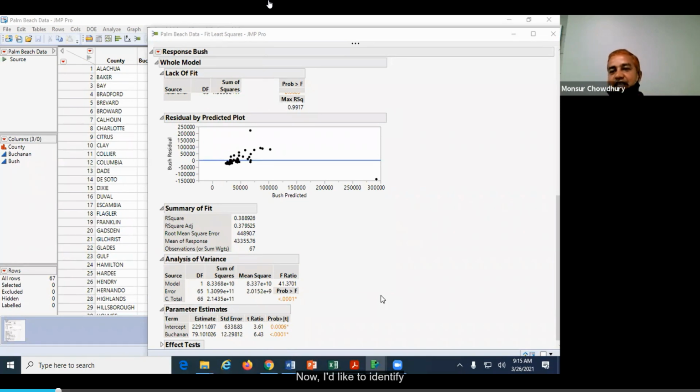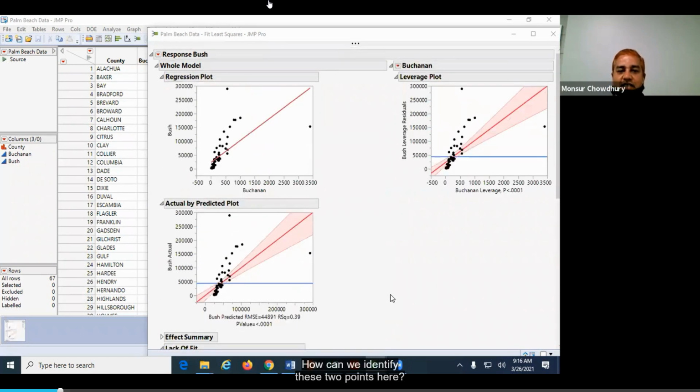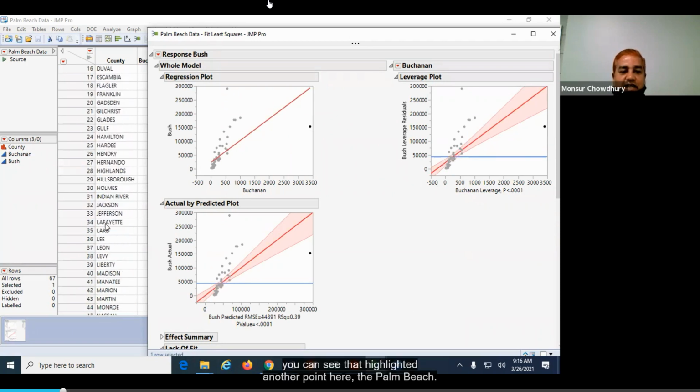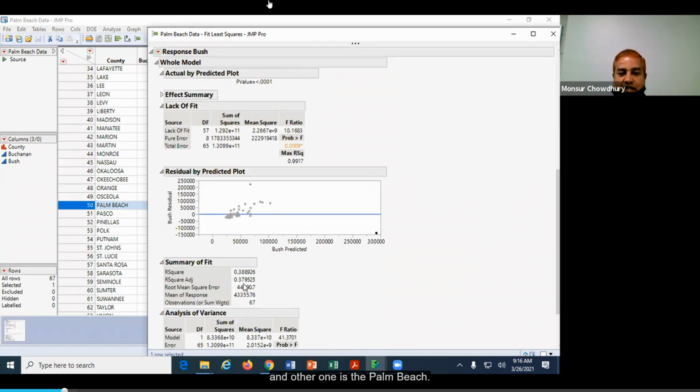Now, I would like to identify these 2 points in the data set that you say are outliers. So how can I identify these 2 points here? So here is the 1 point. You can draw the box and you can see here they highlighted this point. Similarly, if you draw a box here, you can see that highlighted another point here, the Palm Beach. So we have 2, one is the Dade County, another one is the Palm Beach.